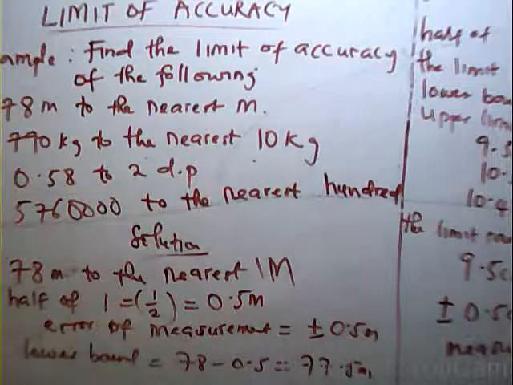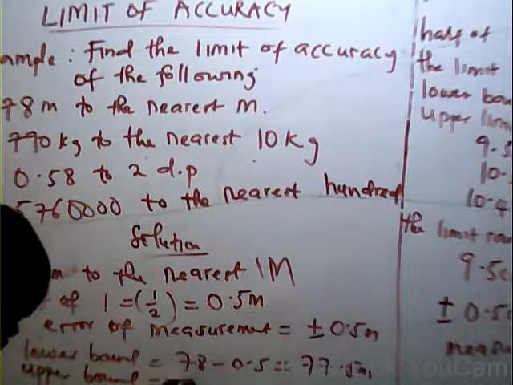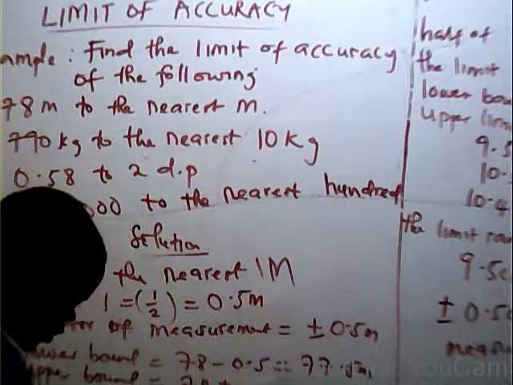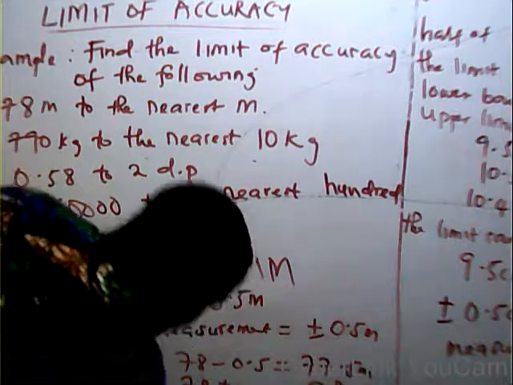And we also have the upper bound, or upper limit, which equals 78 plus 0.5, which is 78.5.